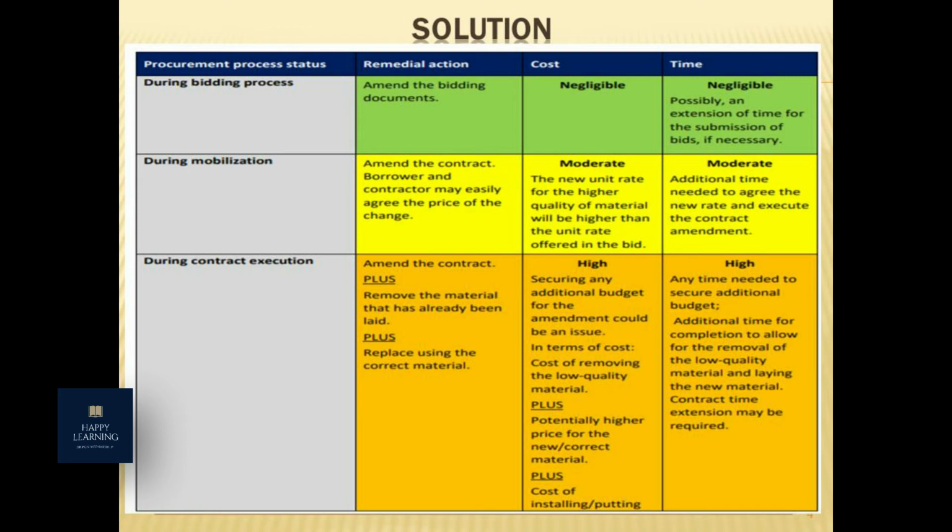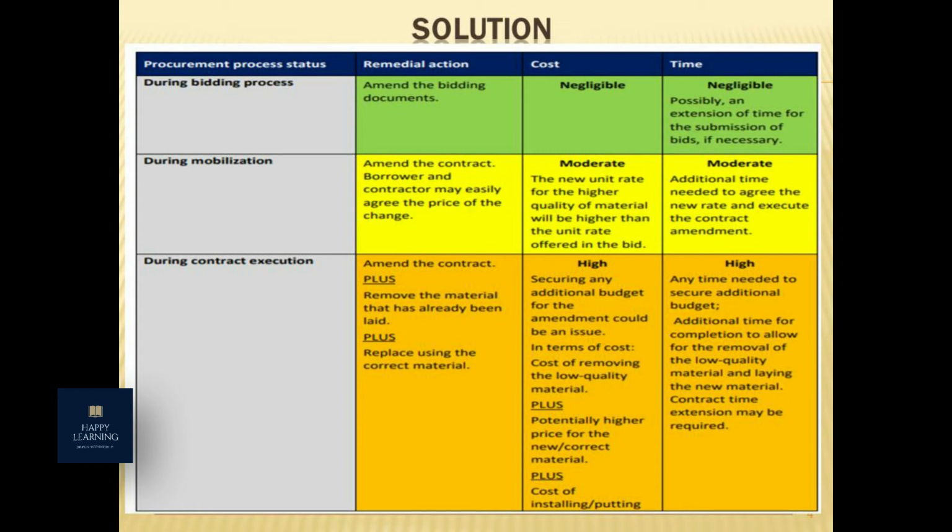Securing any additional budget for the amendment would be an issue, in terms of the cost of removing low quality and adding a new quality product, and the time needed to secure additional budget, and additional time for completion to allow for the removal of low quality material and laying the new material. Contract time extension may be required.